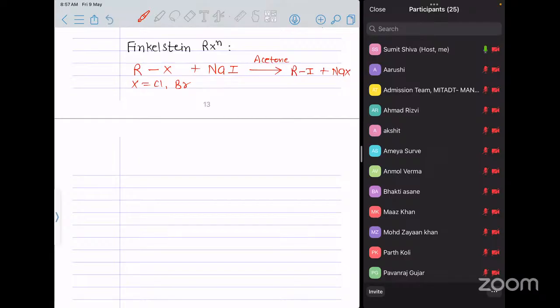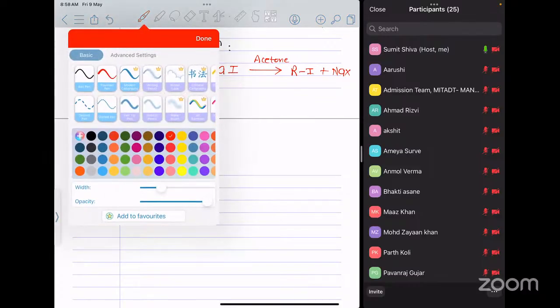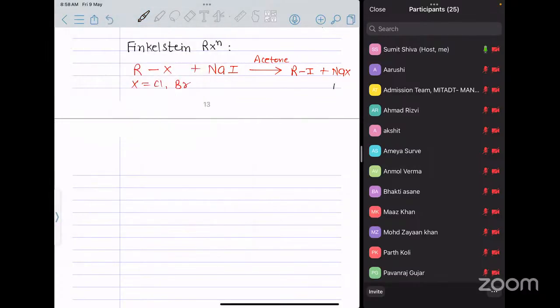Acetone is an organic solvent, and in organic solvent, NaX will be deactivated. NaX will be precipitated, and it will not react further. So we will have alkyl iodide. So in the Finkelstein reaction, acetone is very important. If acetone is not there, the reaction will be reversible. Understood?